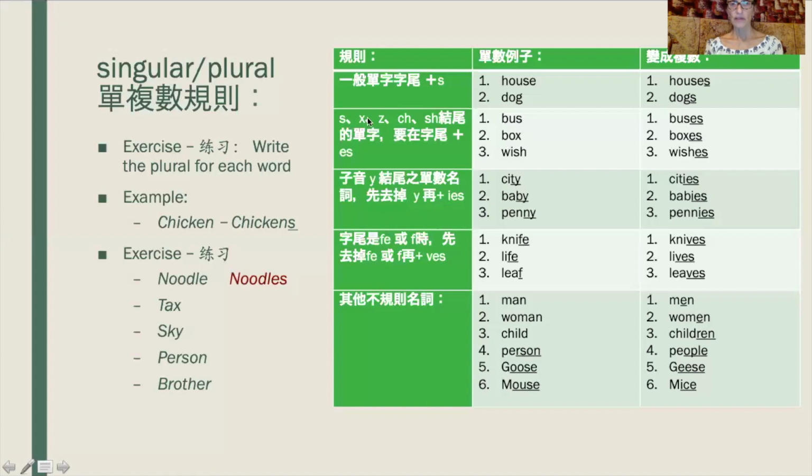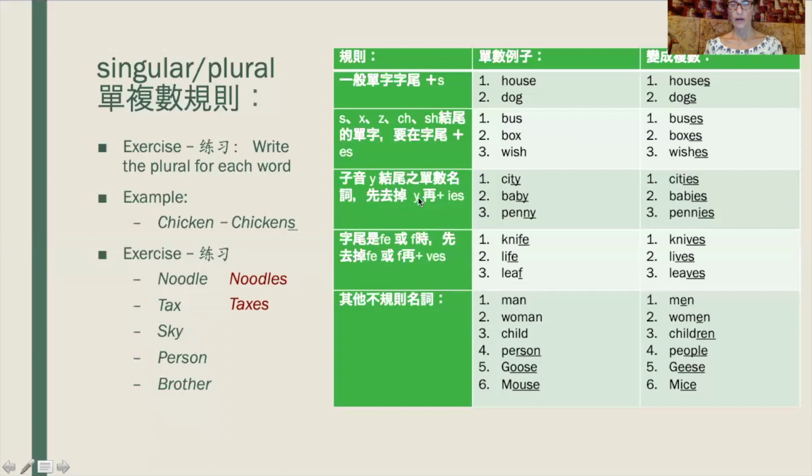This is the word that ends in X. So what's going to be the plural? And there it is, taxes. You added ES, like these words in these boxes. Box, boxes, tax, taxes.